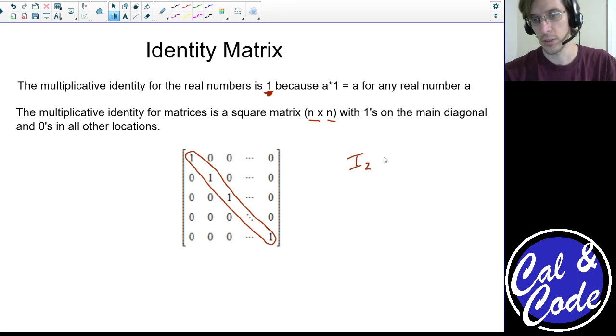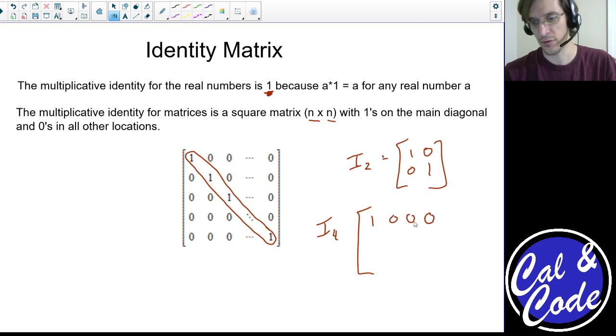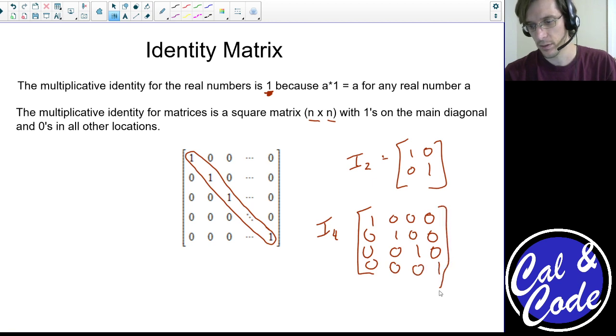So I2 is a 2 by 2 identity matrix, 1 0 0 1. I4 would be 1 0 0 0, 0 1 0 0, 0 0 1 0, 0 0 0 1. So I use I and whatever subscript I have down here to talk about different sized identity matrices.